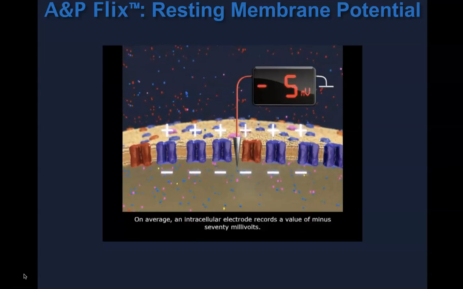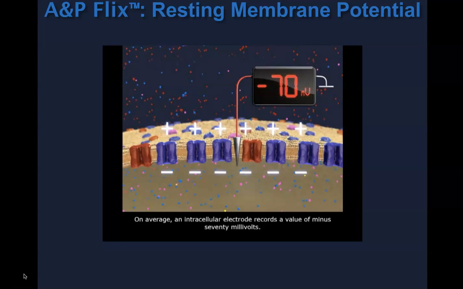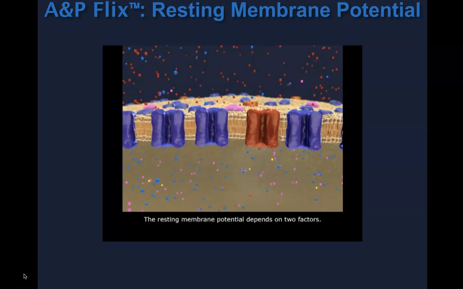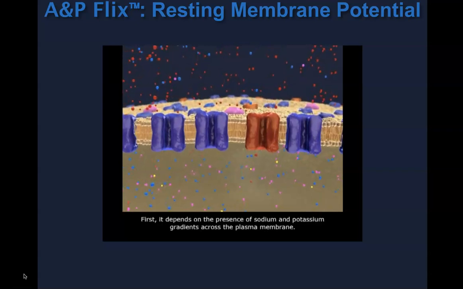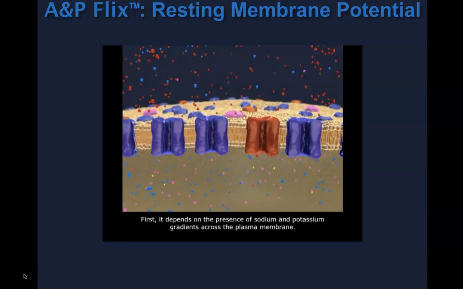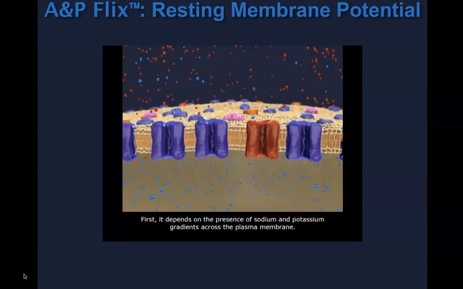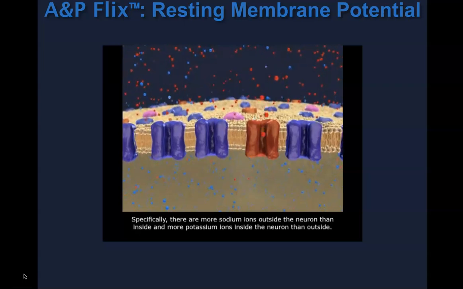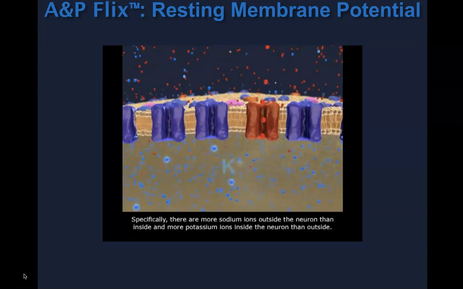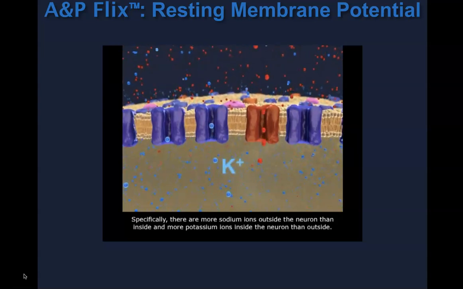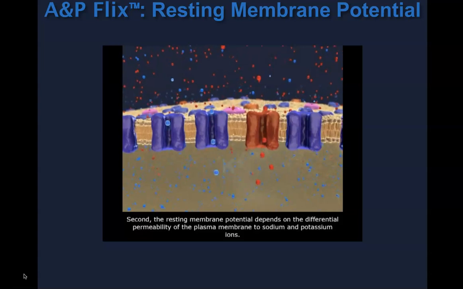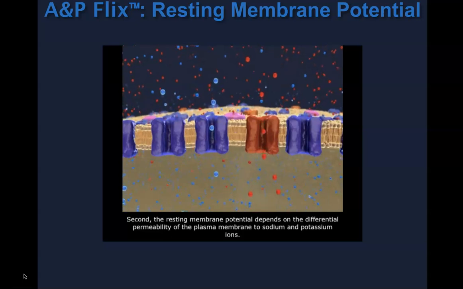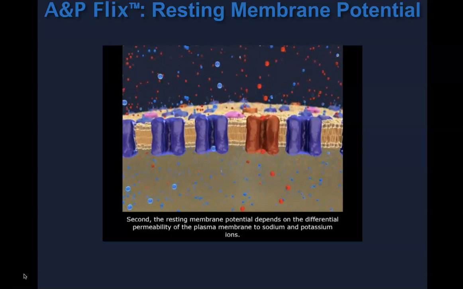On average, an intracellular electrode records a value of minus 70 millivolts. The resting membrane potential depends on 2 factors. First, it depends on the presence of sodium and potassium gradients across the plasma membrane. Specifically, there are more sodium ions outside the neuron than inside, and more potassium ions inside the neuron than outside.